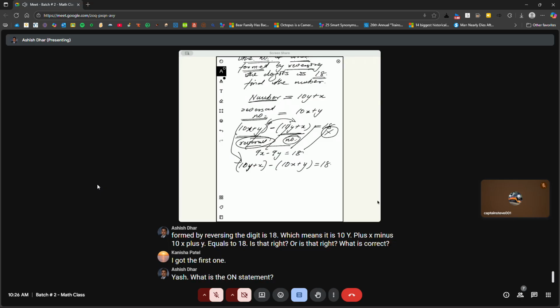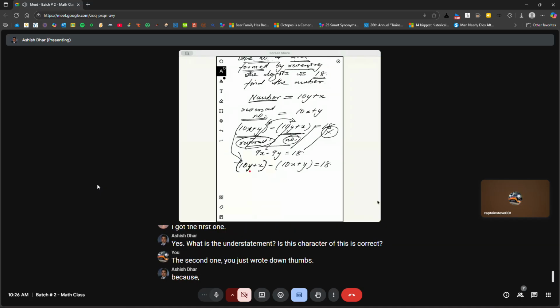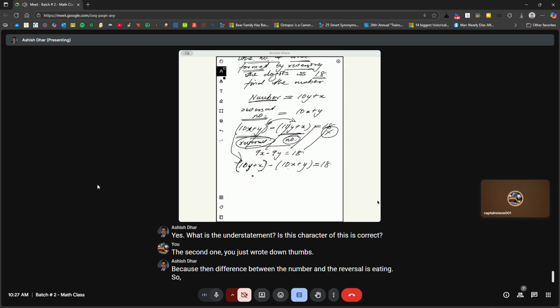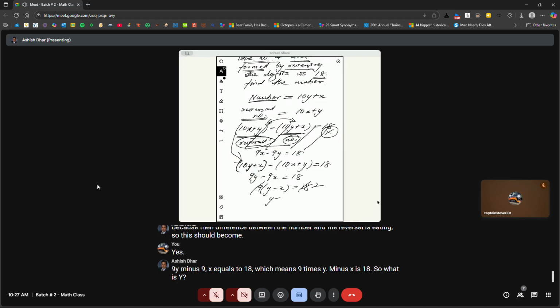Yash, what is the statement? Is this correct or is this correct? Because the difference between the number and the reversal is 18. So this should become 9y minus 9x equals 18, which means 9 times y minus x is 18. So what is y minus x?